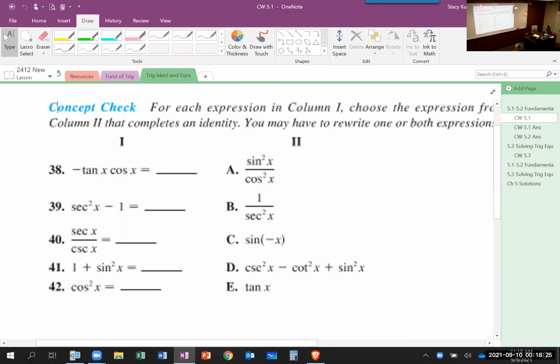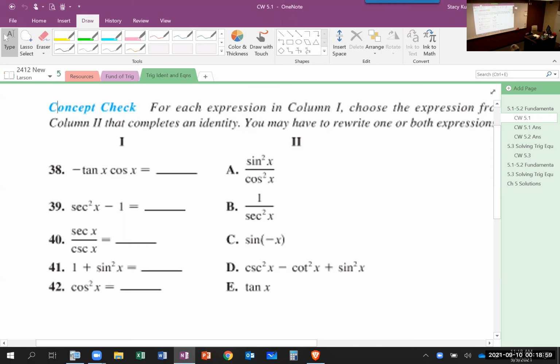So tan squared, how does tan squared relate to the others?